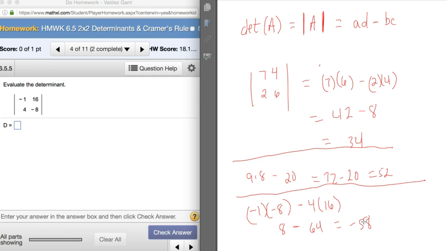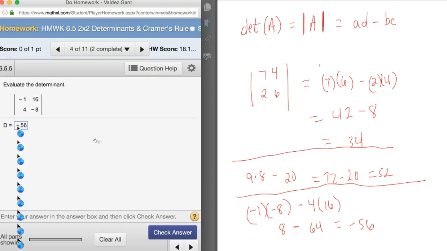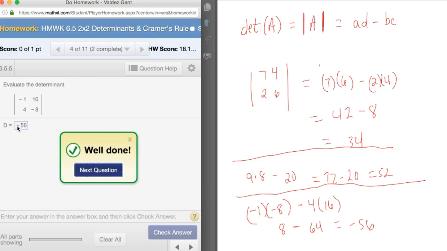Oops, that is not negative 58, that is a negative 56. This is just to show you that we can have matrices whose determinant or size is negative.